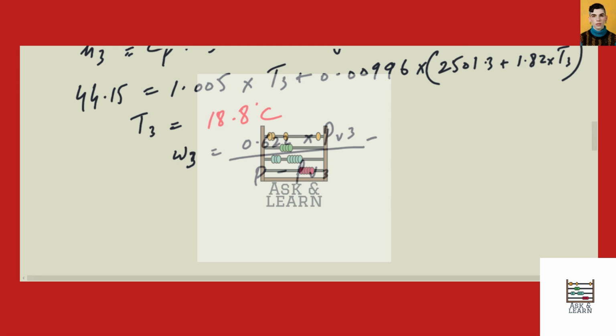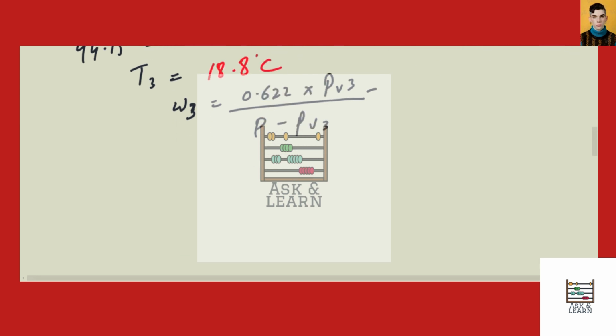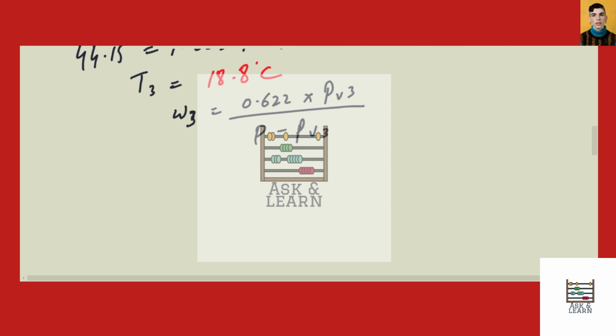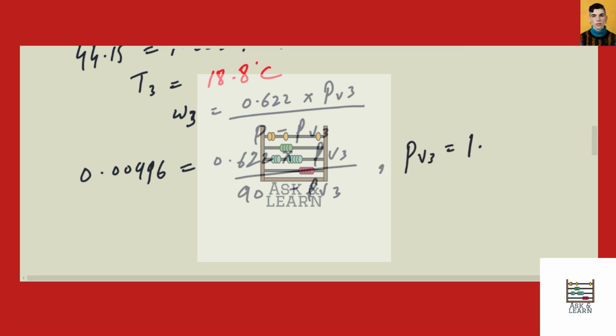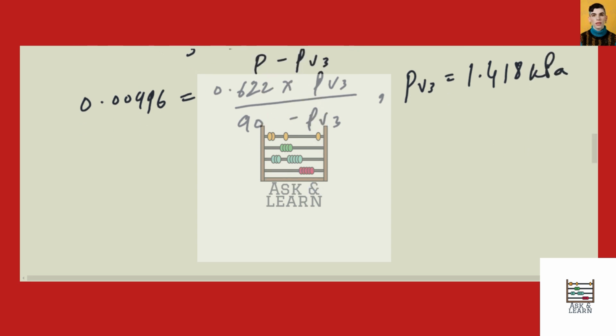So that can be calculated as 0.00996 is equal to 0.622 multiplied by PV3 divided by 90 minus PV3. So we have the value for PV3 that is equal to 1.418 kilopascal.